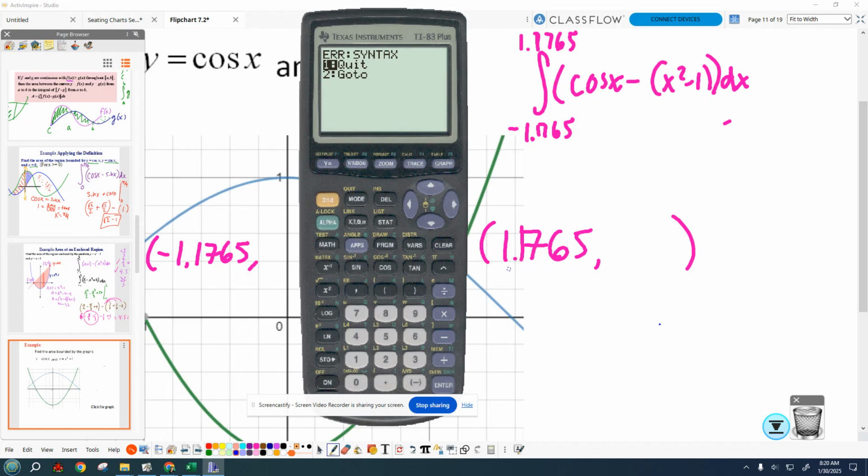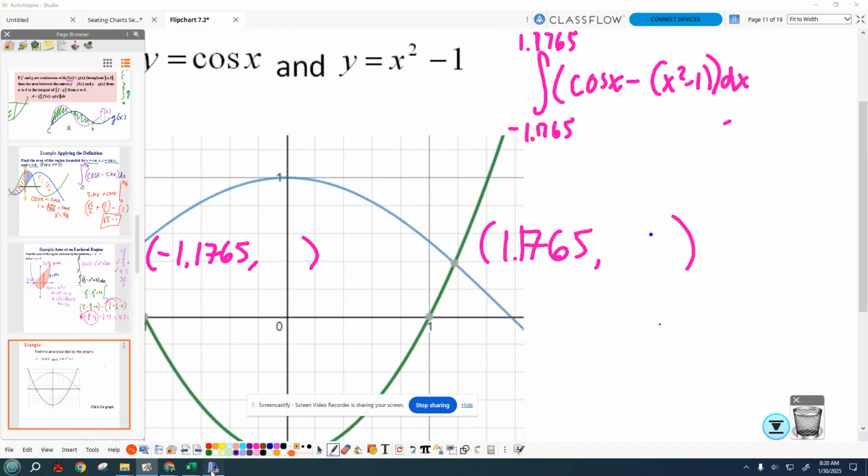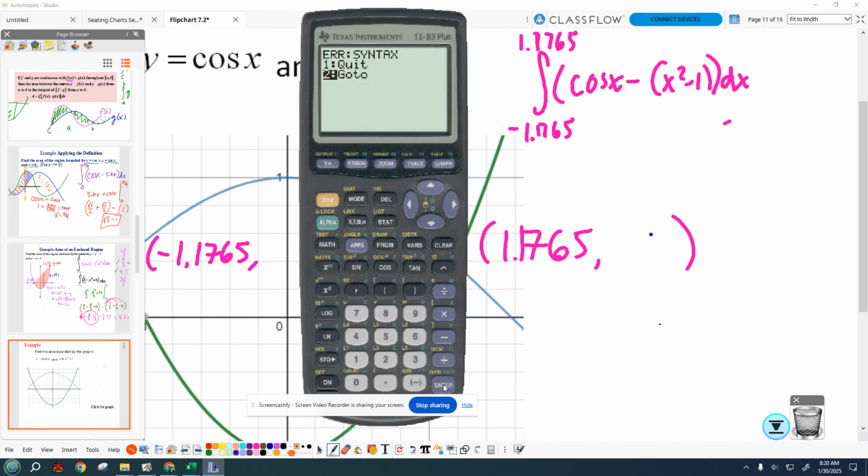I got an error, and when your calculator gives you the option to go to, please hit it. Say go to where the problem is. Oh, I typed in the subtraction symbol rather than the negative sign, and it's blinking on it.